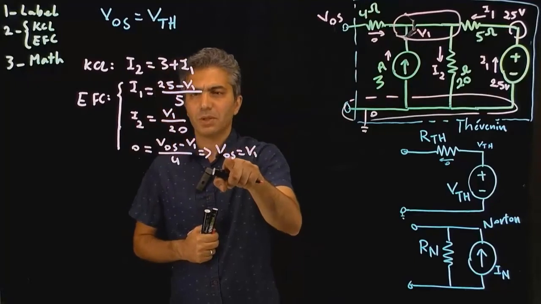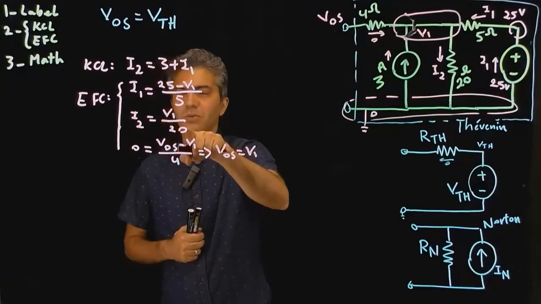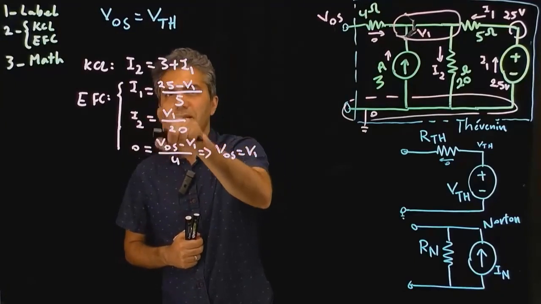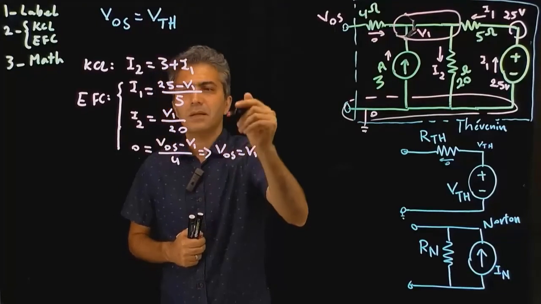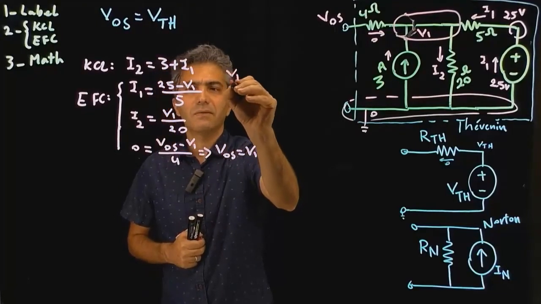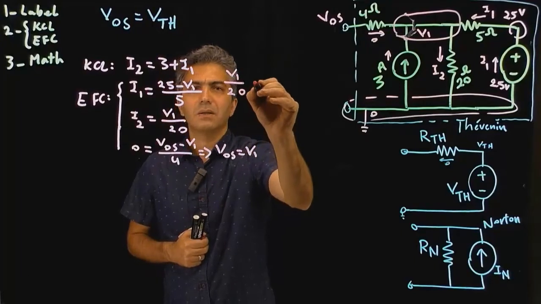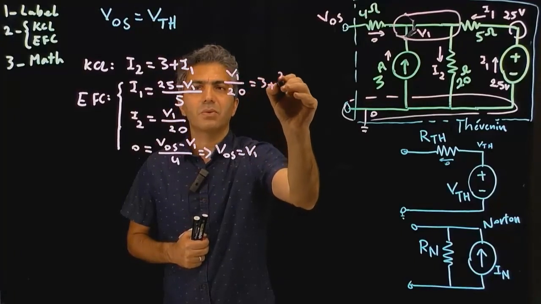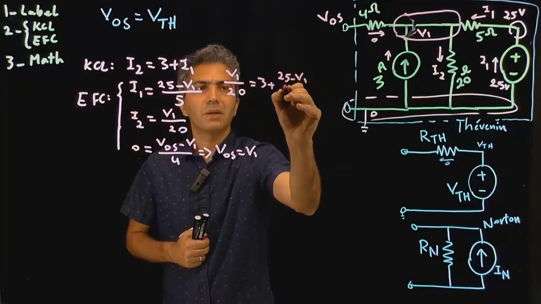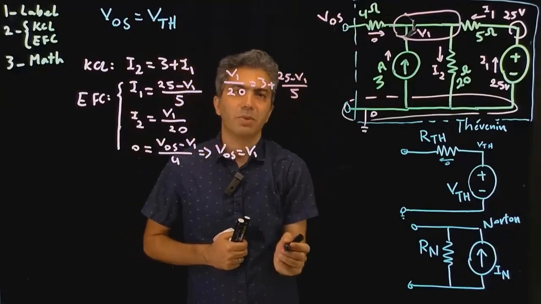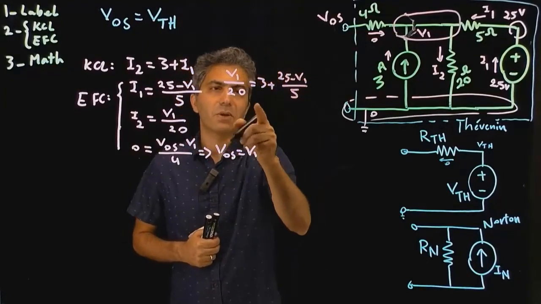Okay, so with that, now I'm going to solve this set of equations. I take these two and put them in that. So V1 divided by 20 is equal to 3 plus (25 minus V1) divided by 5. I can multiply both sides by 20, so I get V1 here.